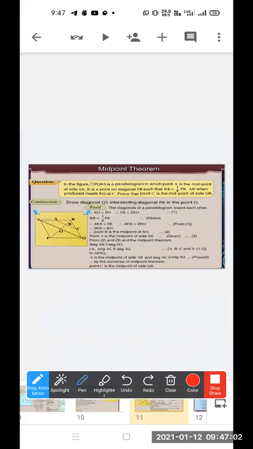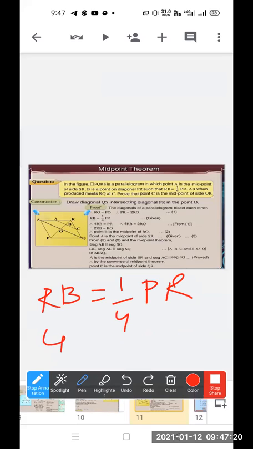Now what is given? RB is 1/4 of PR. Cross multiplying, you will get 4 RB is equal to PR.